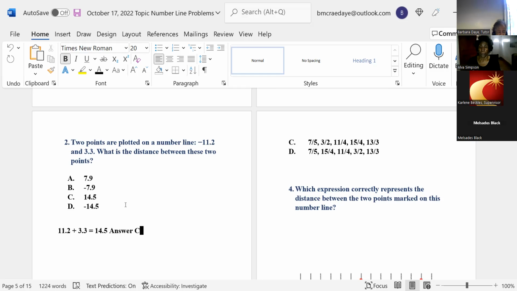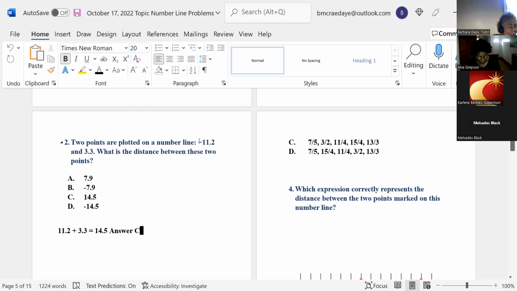Now, let me go to the whiteboard. Miss Barbara, one second. Question? So, the 11.2 has a sign, but 3.3 does not have a sign. That means it is also the same sign as 11. No. The minus 11.2 is a negative.